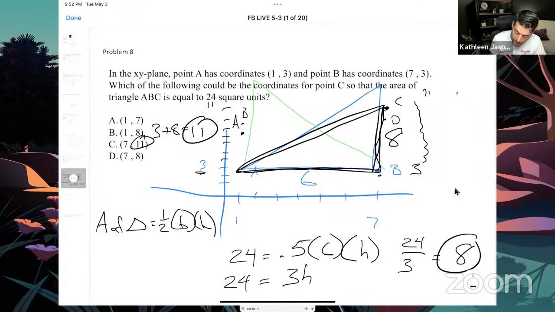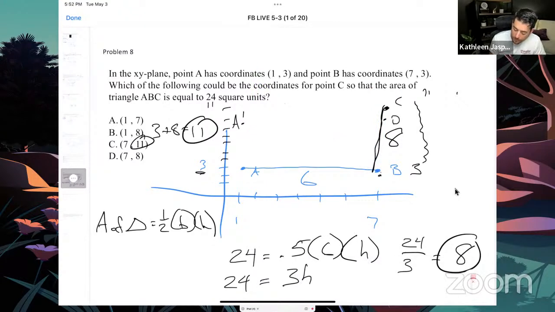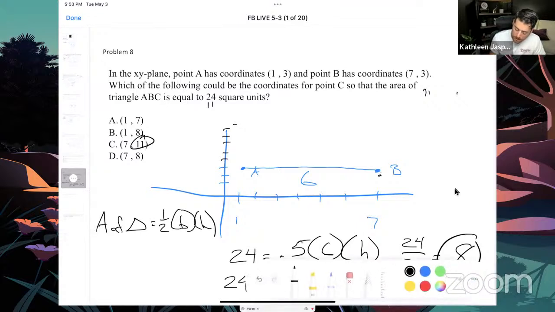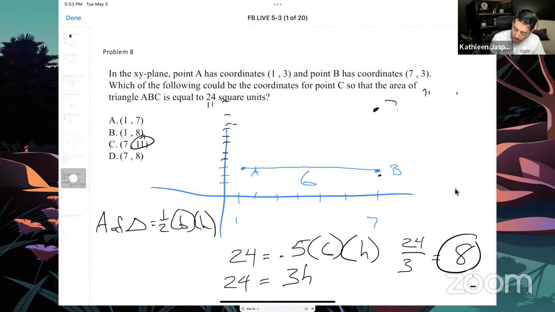So 7, 11 is going to be our triangle that will figure out our answer, because I'll do 7 over and then 3, 4, 5, 6, 7, 8, 9, 10, 11. And I'll go over right here, 7 comma 11 triangle, and there you go. Okay. All right.